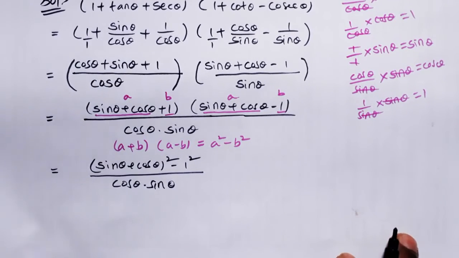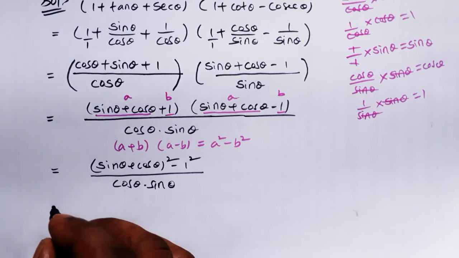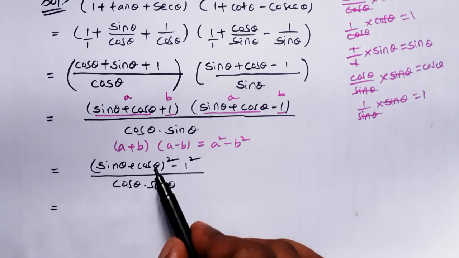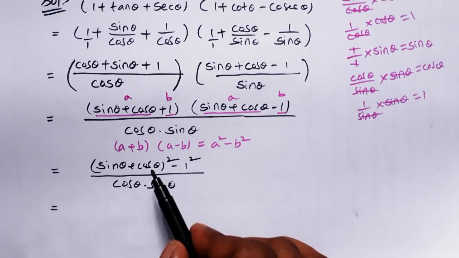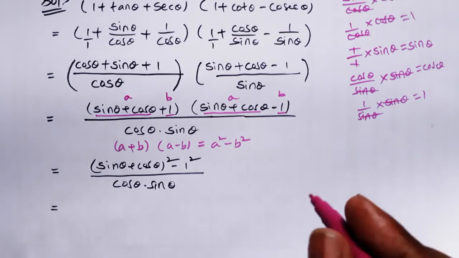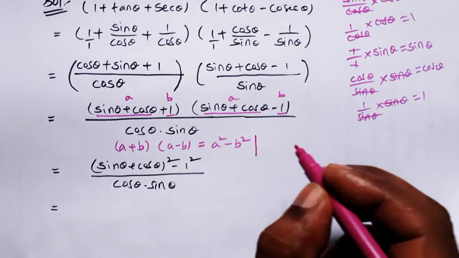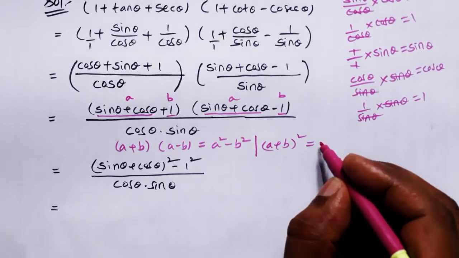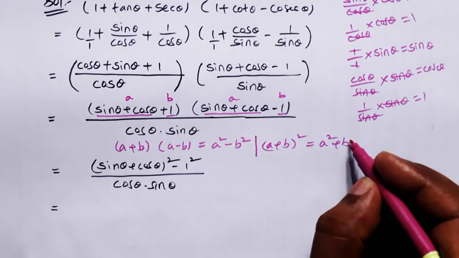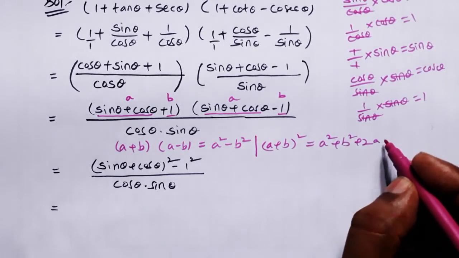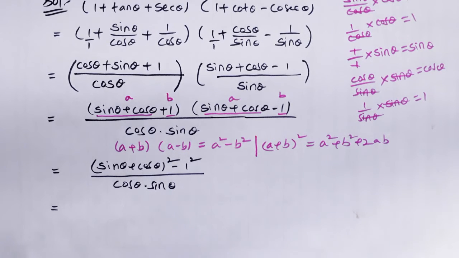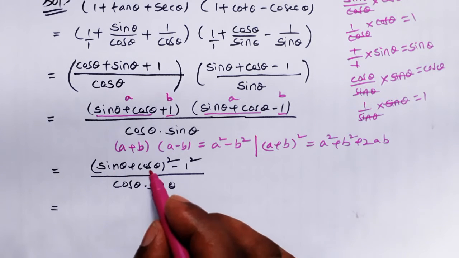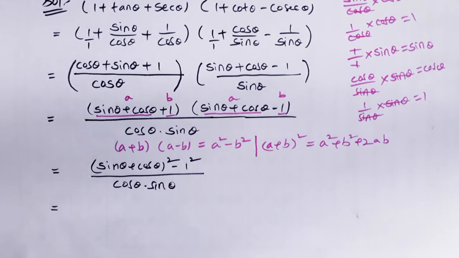Next step. In the next step we need to expand this numerator. Numerator sin theta plus cos theta whole square we have, no? That is looking like some formula. What formula we have to use there? The formula is (A plus B) whole square formula. That is A square plus B square plus 2AB. That formula we have to use. What is A? Sin theta is A. What is B? Cos theta is B. So first one is A square.